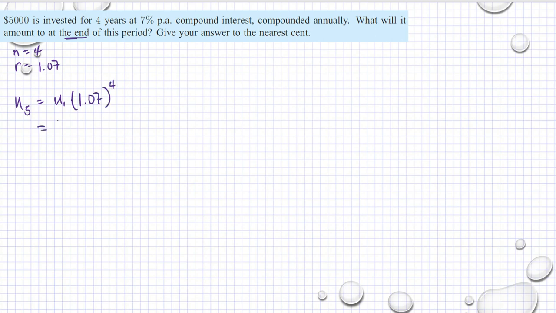And our u sub 1 is 5,000, so 5,000 multiplied by 1.07 raised to 4. If we solve that by the calculator, then we have approximately $6,554.